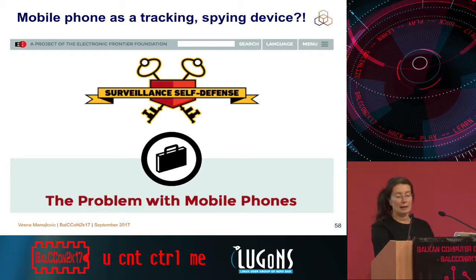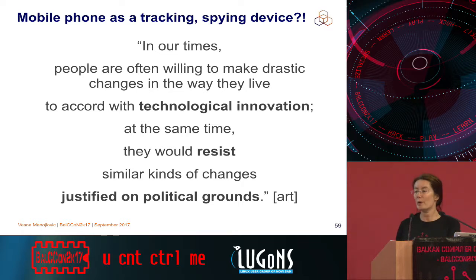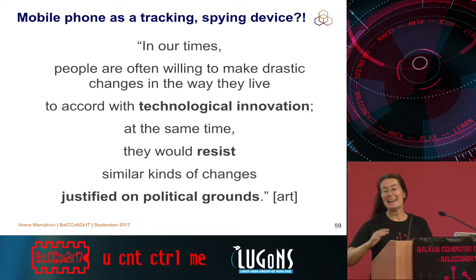We are used to mobile phones being used for tracking, but somebody in the 80s already wrote that if somebody had told you that you need to carry this surveillance and tracking device on you at all times, that it can listen to you, it can take photos by being controlled remotely, it has a GPS tracker, and it can know who you talked with and where you went, you would of course say, no way, you cannot control me, and I'm not going to do that.